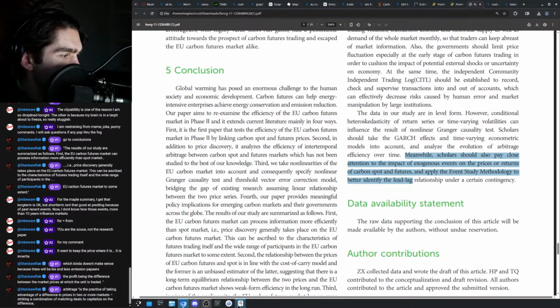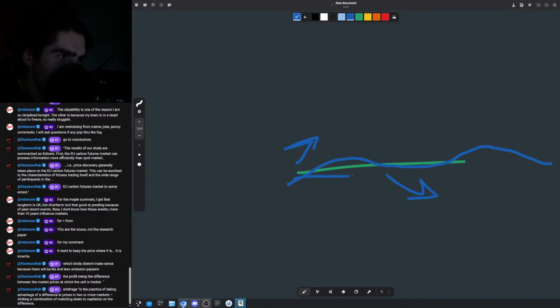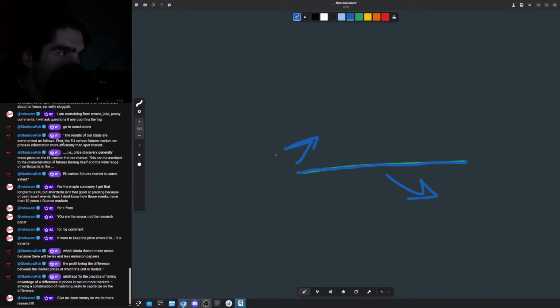So again, they're essentially saying we need more study in the relation between the two and seeing when it leads and when it lags. And the undertone of it is so that we can make sure that it more closely aligns with reality, because we're going to end up knowing what makes the prediction bad.